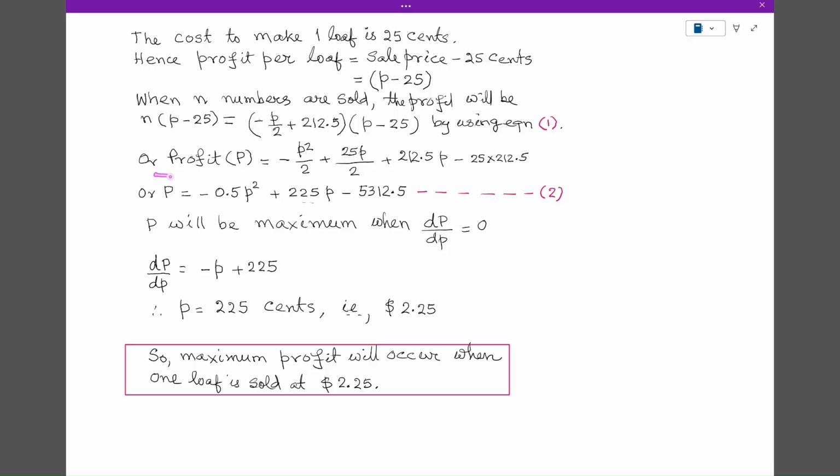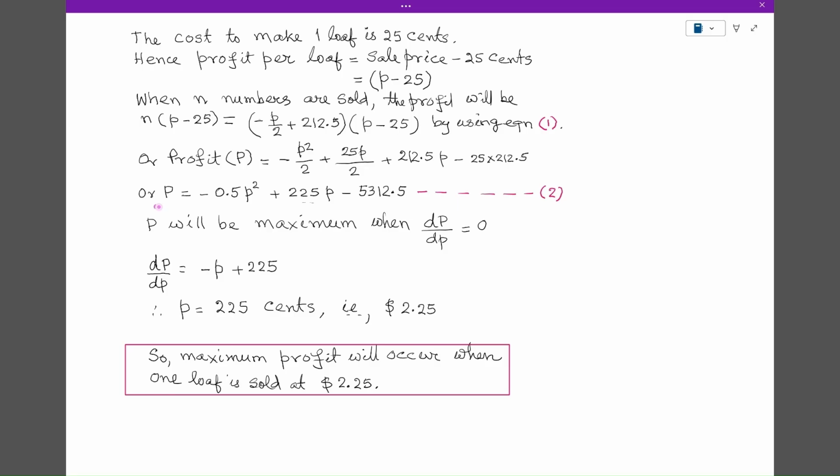Therefore, profit, that is capital P, when you multiply these two terms, we get minus p square by 2 plus 25p by 2 plus 212.5p minus 25 multiplied by 212.5.